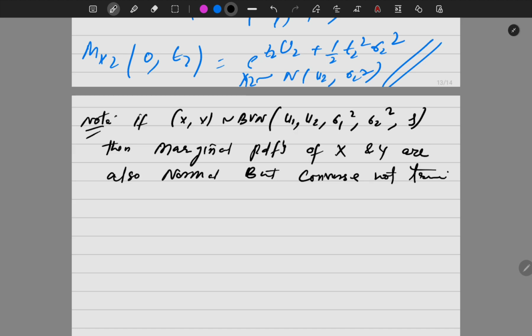Here this is saying that if you are having bivariate normal distribution, then the marginals are normal, they will follow normal distribution. But if you are having normal marginals, it is not necessary that x and y follow bivariate normal, right? That if x and y are normal, it is not necessary that their joint distribution is bivariate normal.